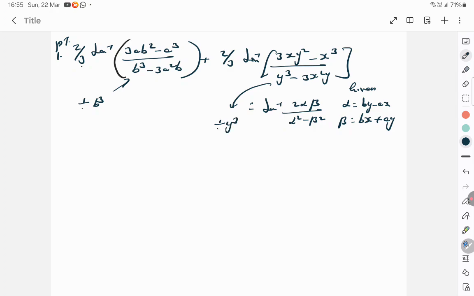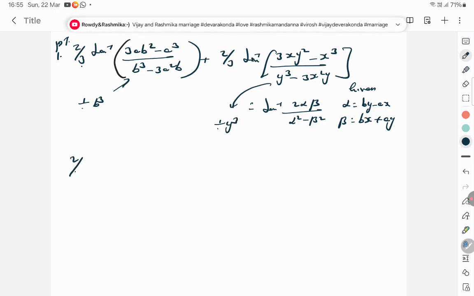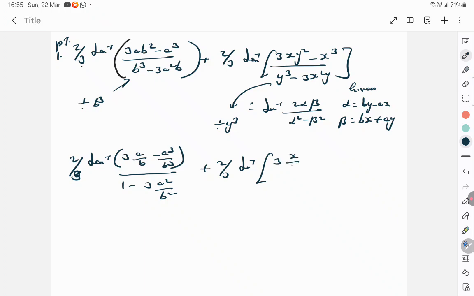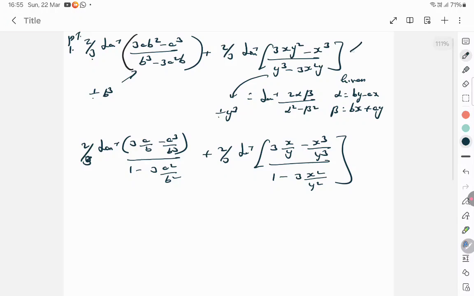So dividing throughout by b cube, you get 2/3 into tan inverse of (3a/b − a³/b³)/(1 − 3a²/b²), plus 2/3 into tan inverse of, dividing throughout by y cube, (3x/y − x³/y³)/(1 − 3x²/y²), dividing each and every term by b cube on this side and by y cube on this side.